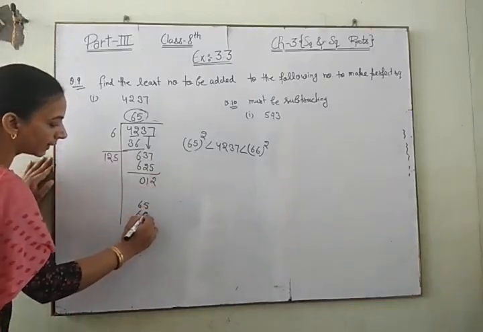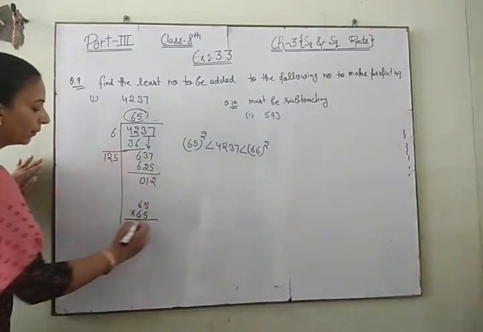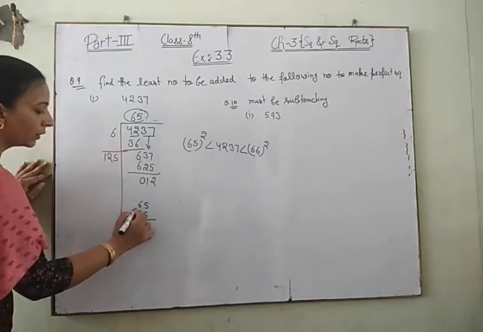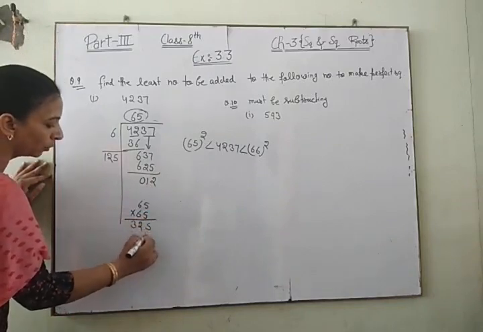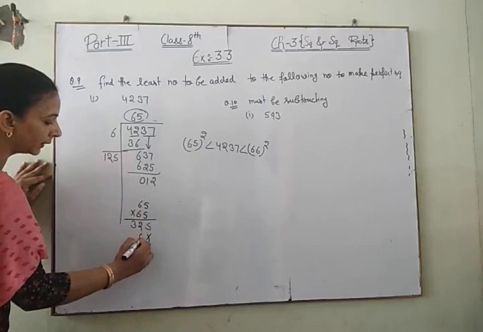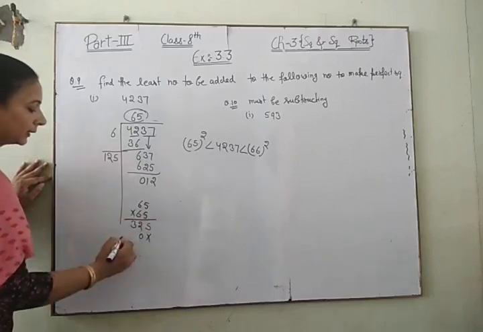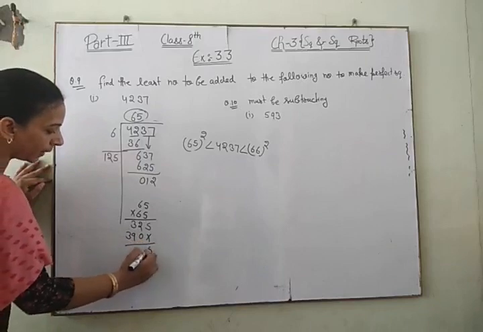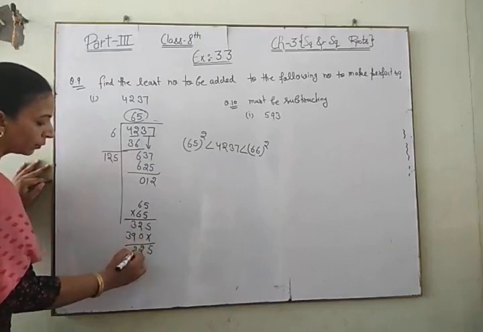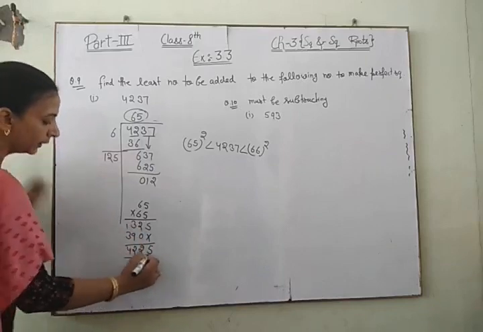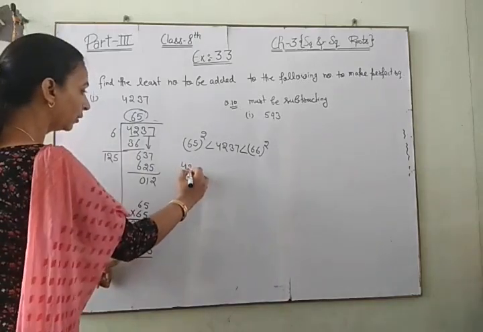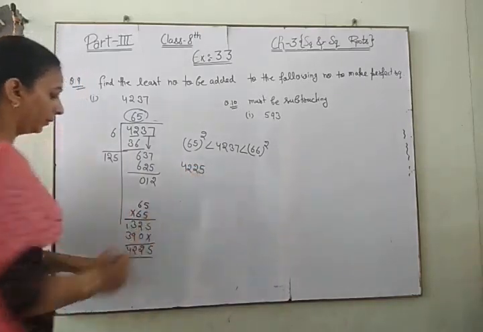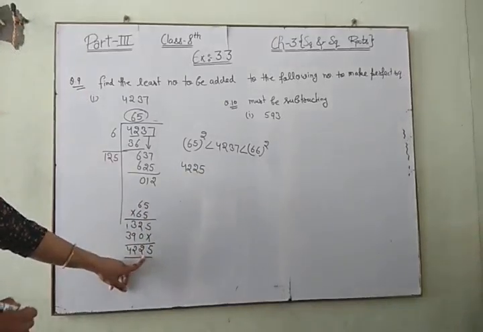Then we find 65 squared. 65 multiply 65. 5 5s are 25, 6 5s are 30, 32. Next 6 5s are 30, 6 6s are 36 and 39. That is 4225.